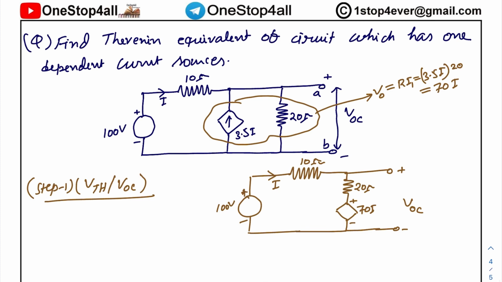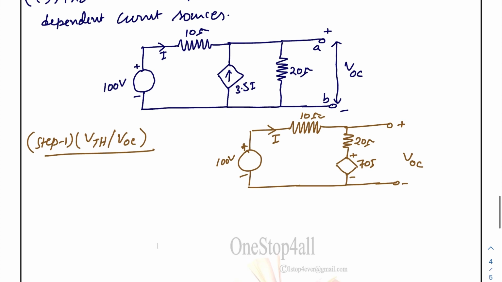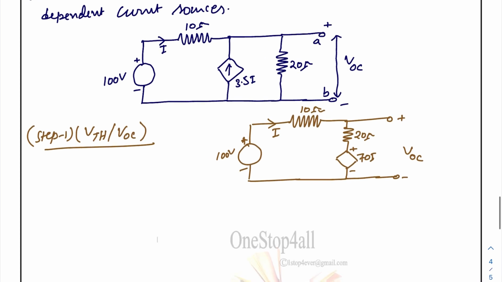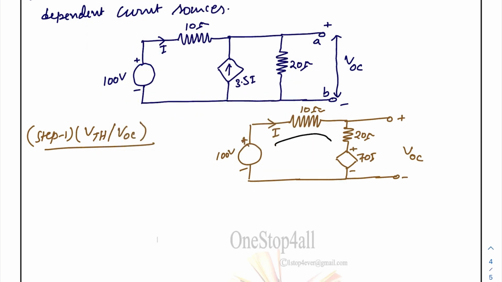Now we will erase this so that we should not be confused. Okay, so this is your simplified circuit. Now in this circuit we are going to apply KVL.